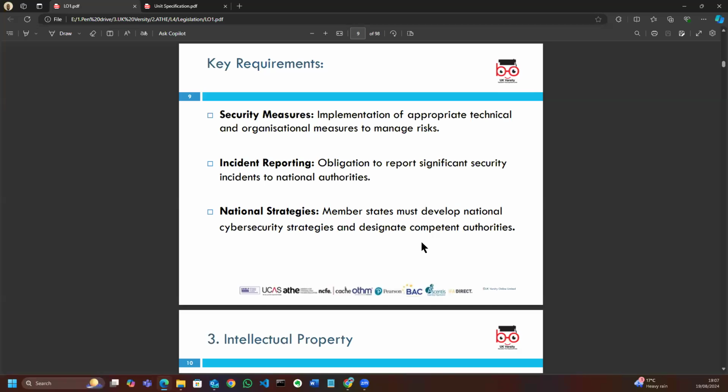We need security measures in place, with implementation of appropriate technical and organizational measures. Incident reporting, so we have to report significant security incidents to national authorities. Then national strategies, where member states must develop national cybersecurity strategies and designate competent authorities.